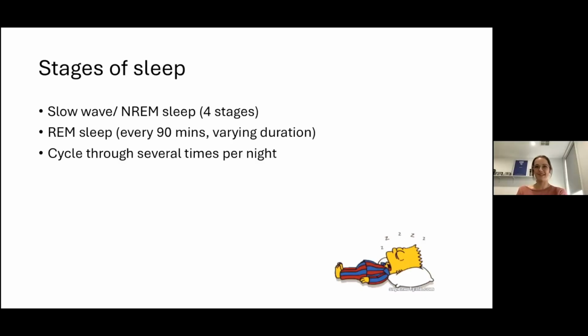That is exactly it. You cycle through several times a night, and if the person is really sleepy, the REM might be really short or even absent at the start, and then your REM sleep tends to increase in duration further through the night as the person becomes more rested, which is exactly what you said.